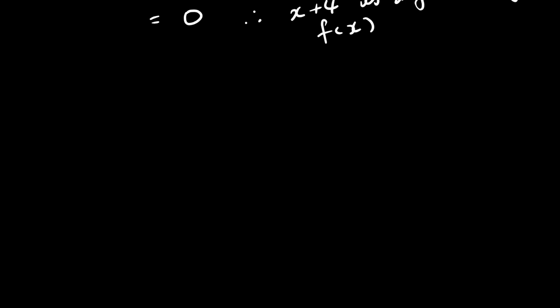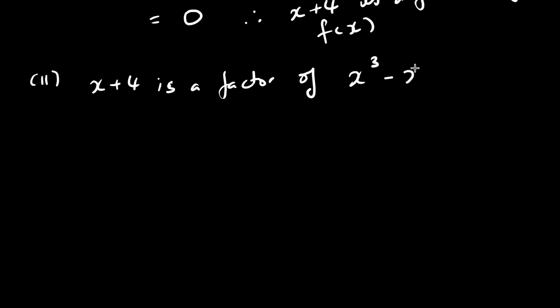All right, the second part of the question, if you recall, was to determine the other linear factors of f of x. So we know that x plus 4 is a factor of our original polynomial. f of x was x cubed minus x squared minus 14x plus 24.